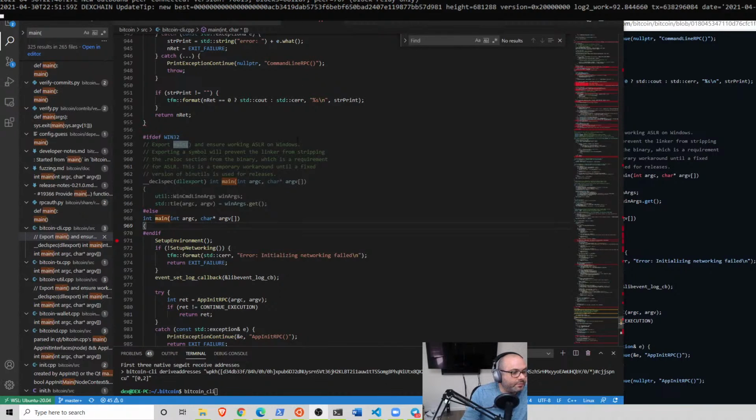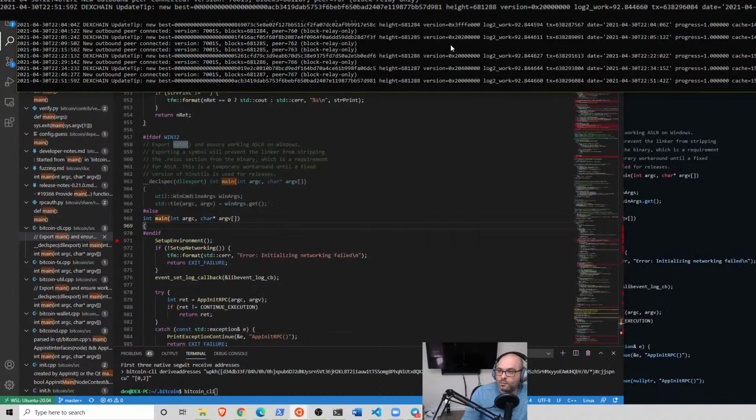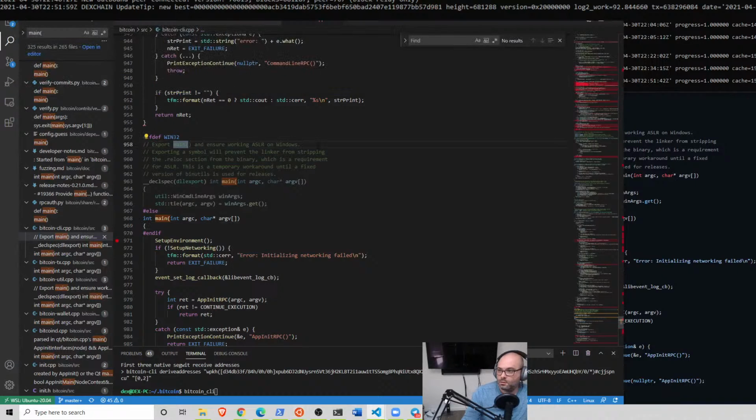This is our Bitcoin Core running, that should be on top, but that should be part of a hotkey setting.